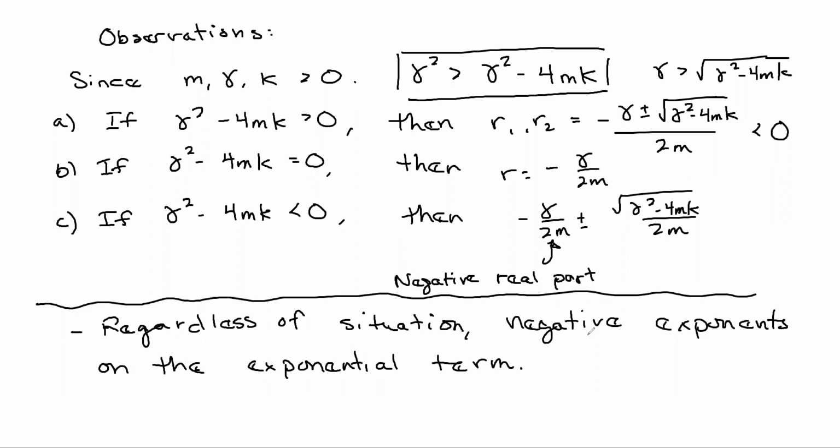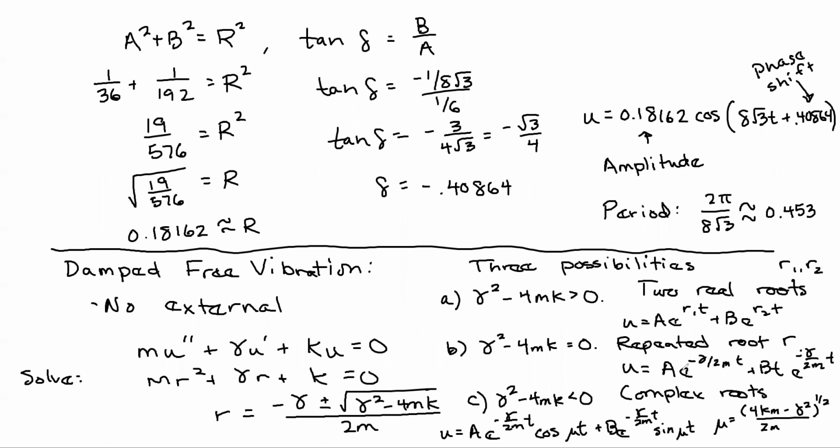Thus, in all three cases, keep in mind that the motion of the object is based upon u. So if in all three of these cases u goes to 0, because the exponential terms go to 0, then that means that the object over time has to go to 0.